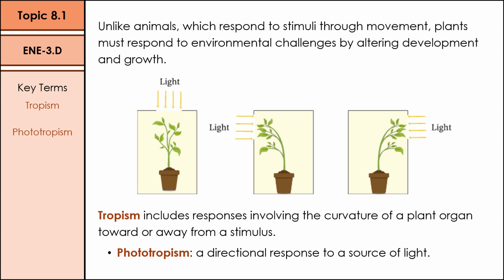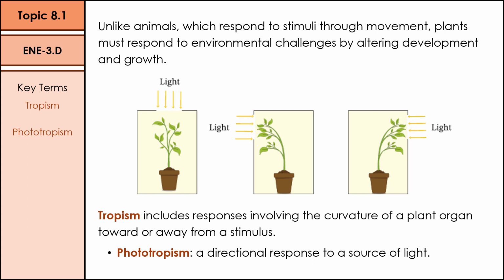So we are going to be looking at plants and their responses in terms of tropisms. Tropisms are responses that are basically the curvature of your plant, and we can have positive tropisms, we can have negative tropisms, just like with our taxis and our kinesis, where we're dealing with a stimulus and whether or not we're going towards it or away from it.